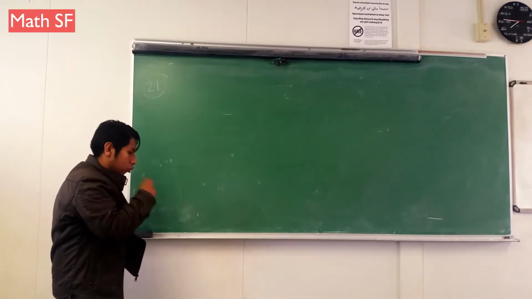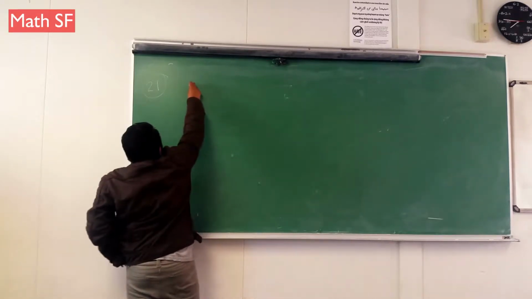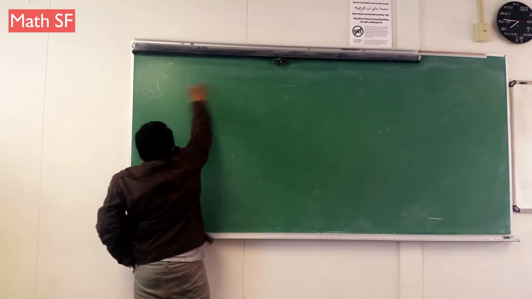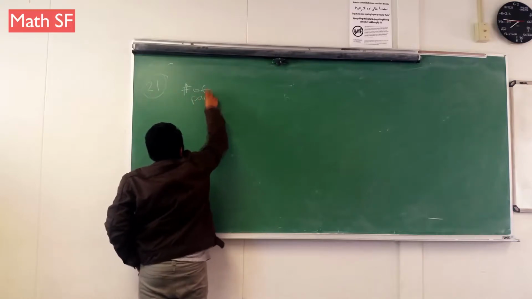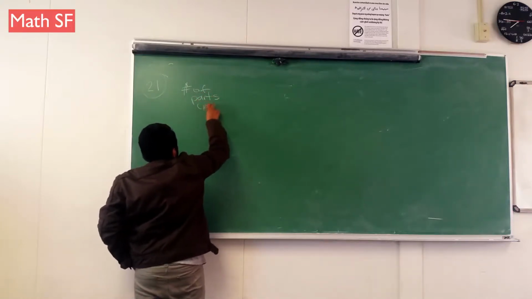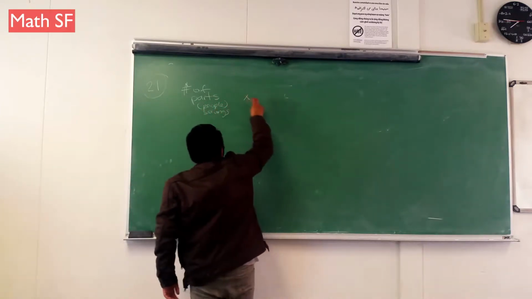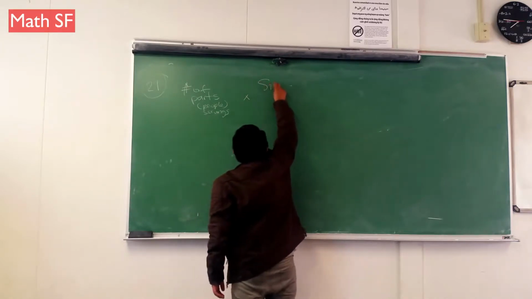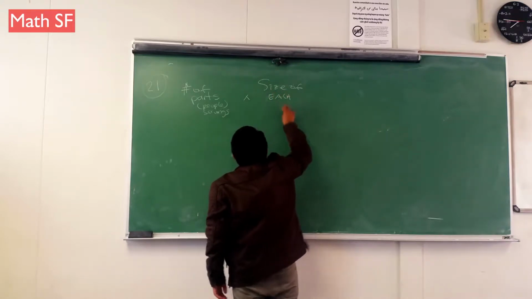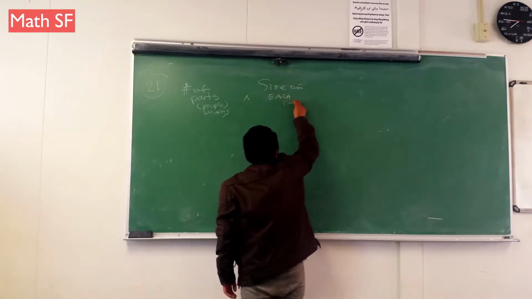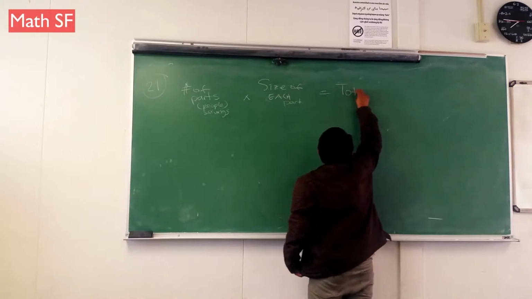So let's recall this formula: the number of parts or people or servings times the size of each part or each person, whatever you're trying to share or cut, is equal to the total quantity.